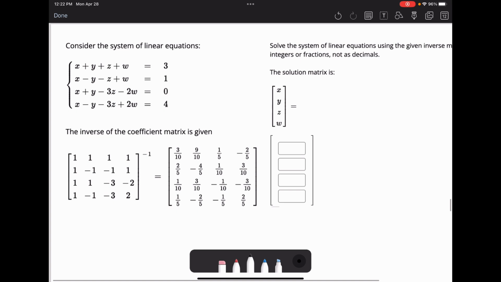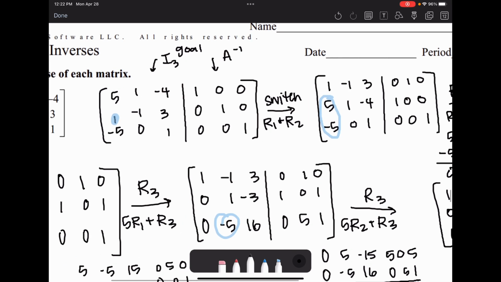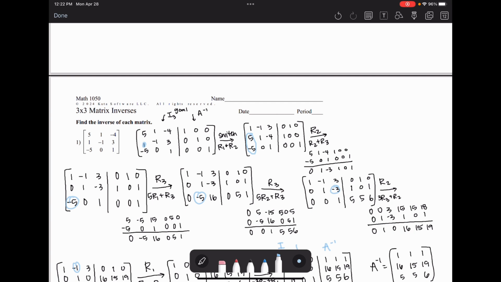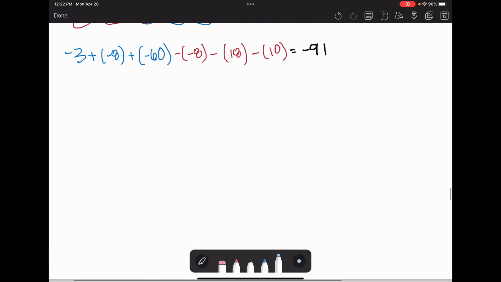Or you're given the inverse, because like this 4x4, that would be crazy, because it's the same process for anything bigger than a 2x2: you put your matrix on one side, identity matrix on the other, and then you do row operations until you get the identity matrix on this side. The reason why we do this, I have plenty of space right here.